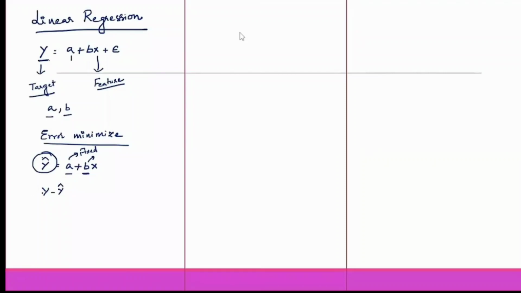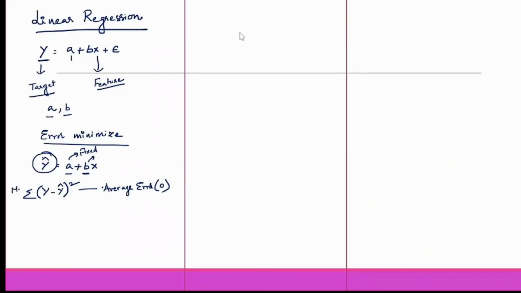But if I typically take the error in this form, the average error across all the observations would become 0, because the positives and negatives will cancel each other. So what is generally done is we define the error by squaring it, and I want to minimize this.